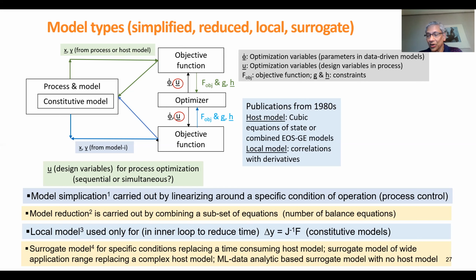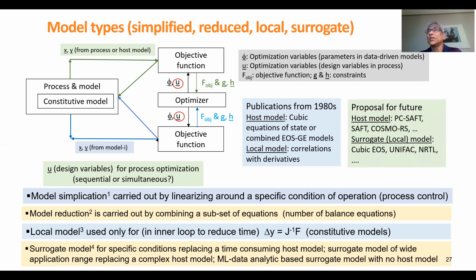So, which kind of problem should we solve? I would propose that if the host model is, for example, PC-SAFT, SAFT, COSMO-RS, and things like that, that would be very expensive to put in an optimization loop. So in that case, we need a simpler model, and the simpler model could be the cubic equation of state, UNIFAC, NRTL, and others, which would be much, much faster.